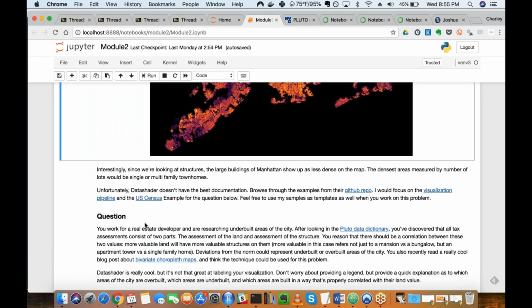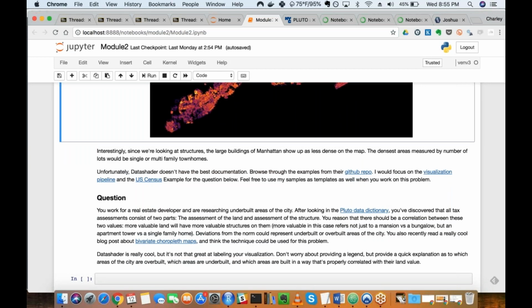So one thing I want to do is look at a simpler example of what this question is asking. For this question, we're looking at two measures: the assessment of land and the assessment of the structure. Let's just assume we're looking at the land assessment.